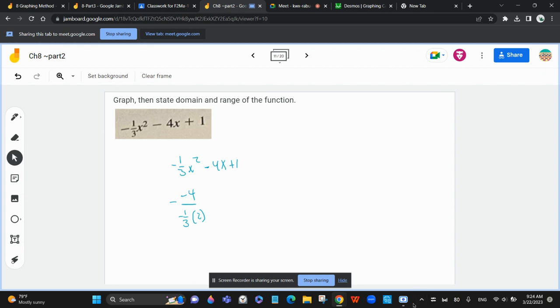Oh, one third times. Oh, you need to flip the one third to the numerator, right? So 1 over 1/3 is the same as 3, right?